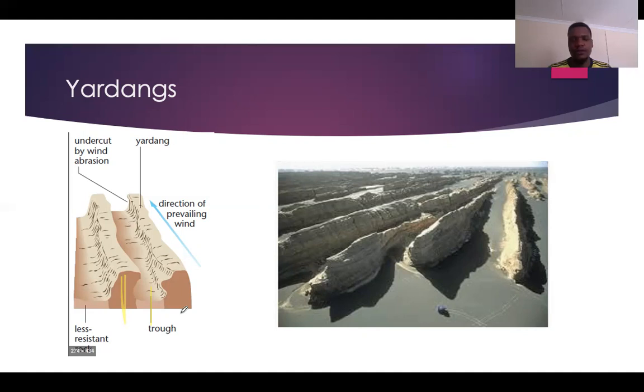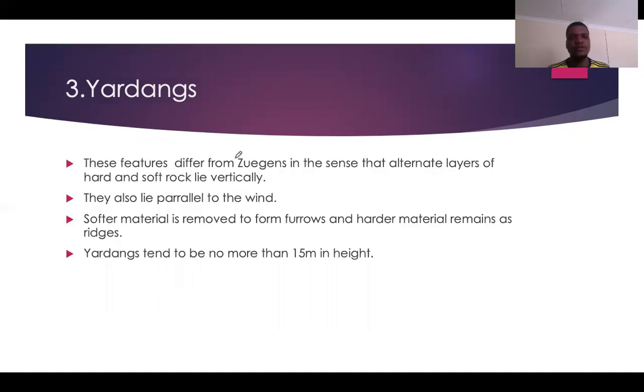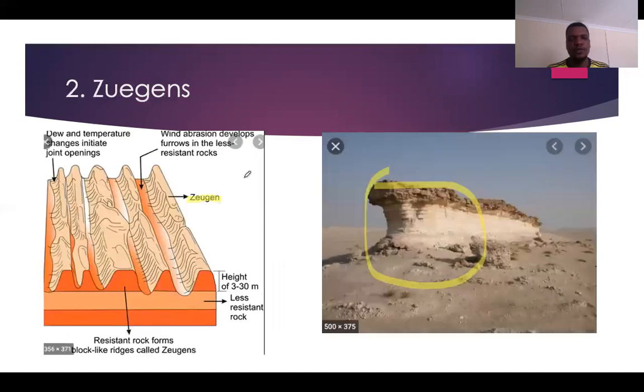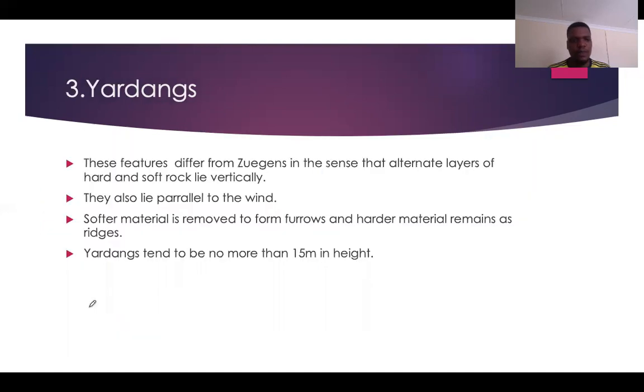So these features differ from zeugens in the sense that they are alternate layers of hard and soft rocks lying vertical, whereas in zeugens the layers are lying horizontal. Their height can be up to more than 15 meters.